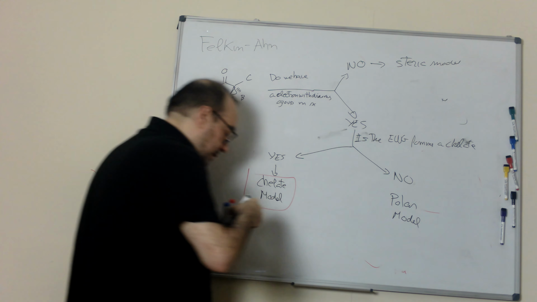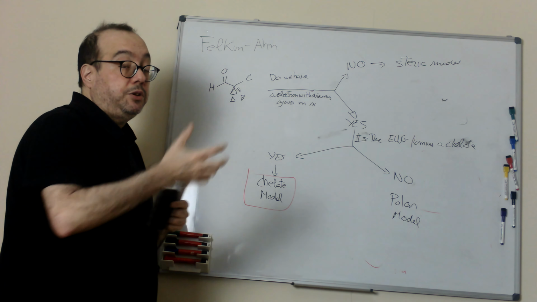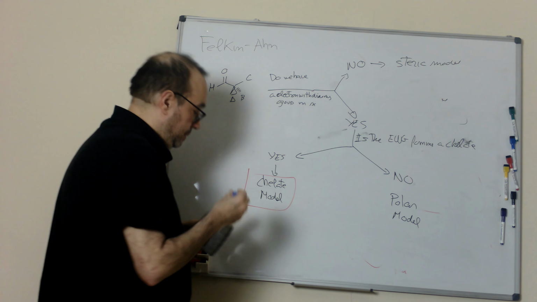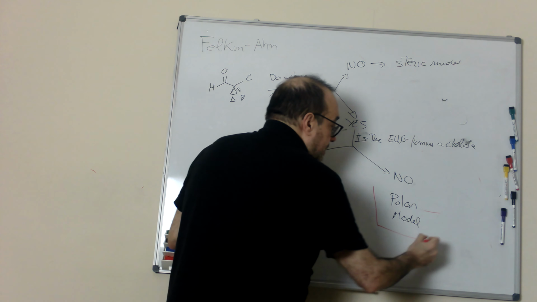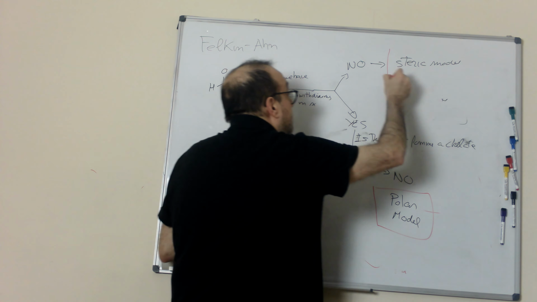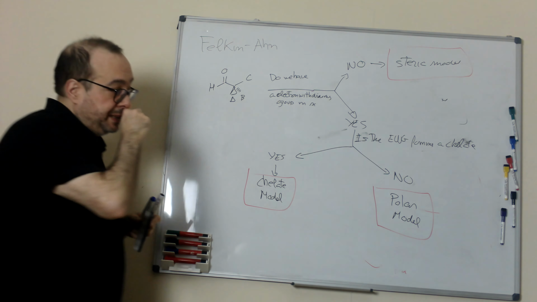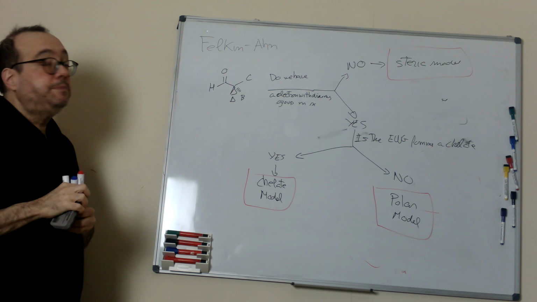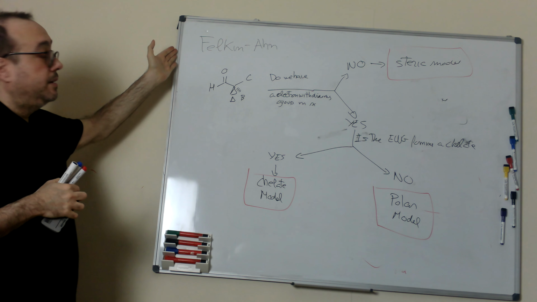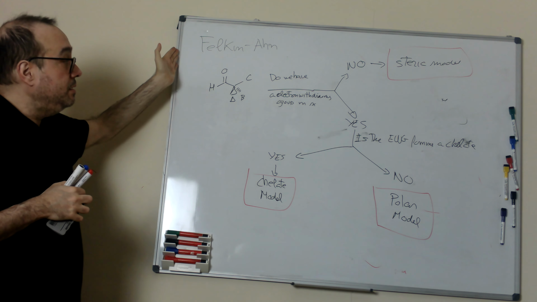We put the electronegative atom perpendicular to the carbonyl group, and we analyze the Burgi-Dunitz trajectory of the nucleophile. Okay? This is basically the Felkin model.